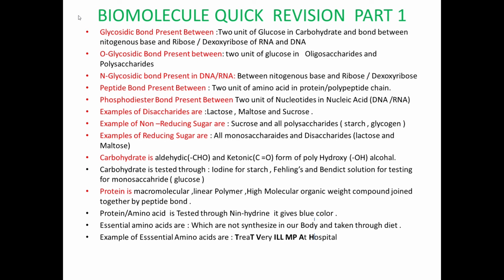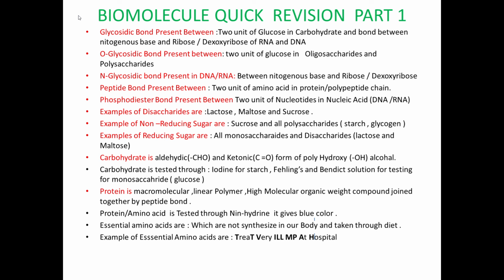I have darkened the letters, the single letter symbols of the different amino acids: T for tryptophan, T for threonine, V for valine, I for isoleucine, L for leucine, and L for lysine, M for methionine, P for phenylalanine, A for arginine, and H for histidine.